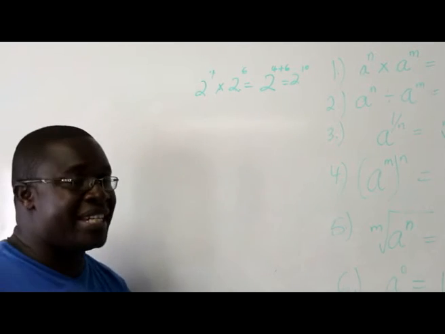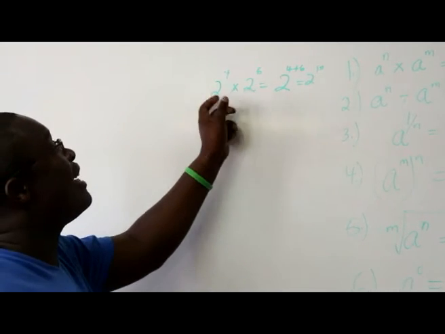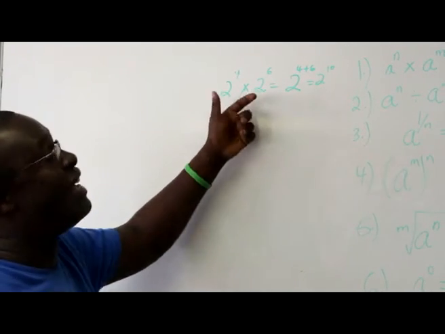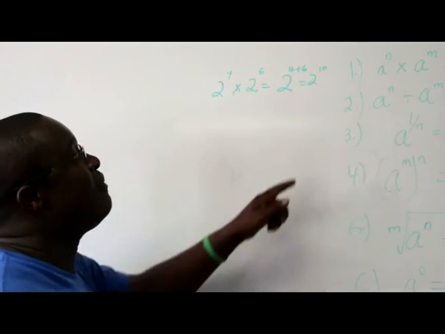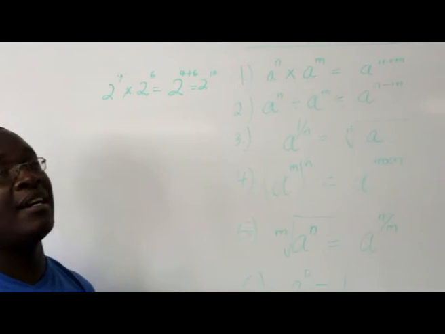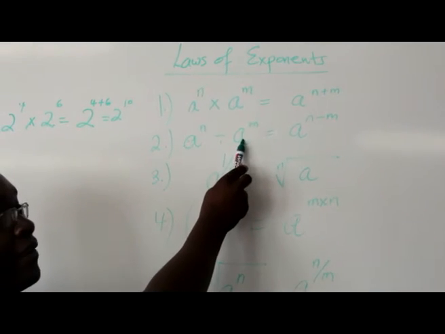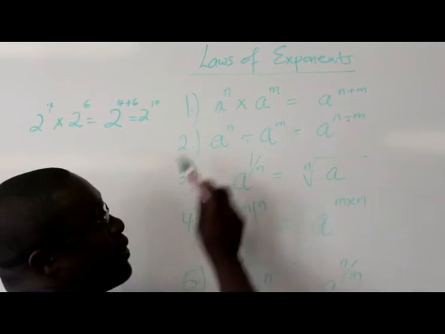Both conditions have to be met: the bases have to be the same and they have to be multiplying each other. If we had 3 here as a base, then this law doesn't apply, right? Same thing with the second law, which states that if the base is the same and there's division, then you're going to subtract the exponents.